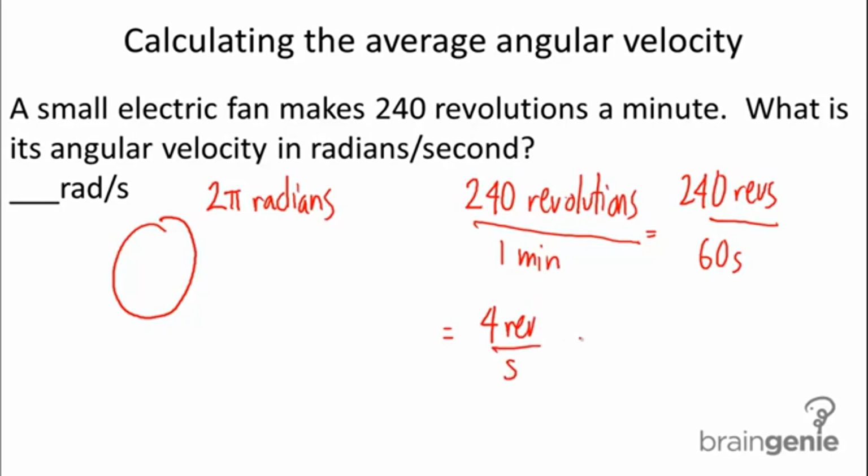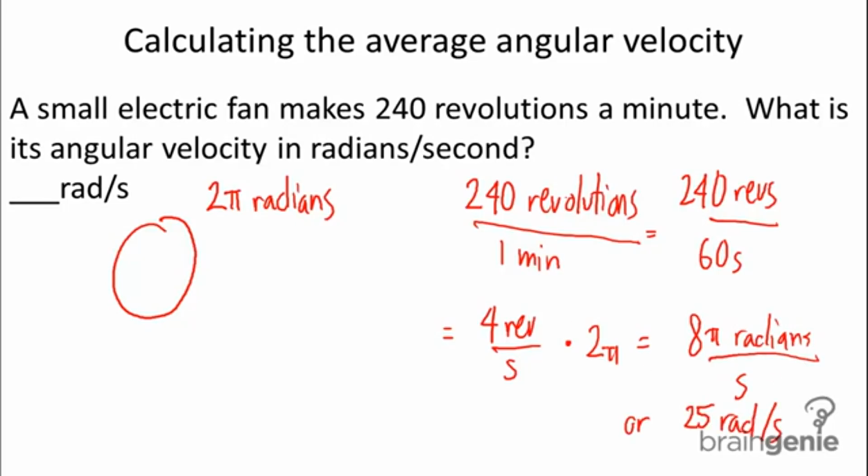Now, 4 revs per second times 2 pi radians gives us a total of 8 pi radians per second. Or, if we simplify that, it'd be 25 radians per second. This is our final answer.